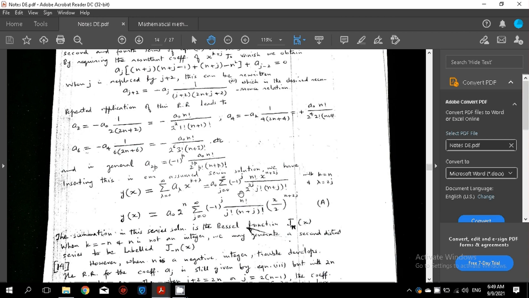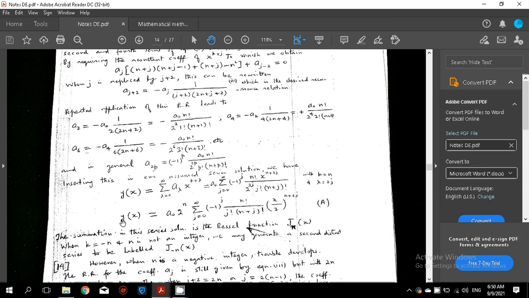You can find your series solution written this way with k equal to n, where we have substituted lambda is equal to 2j. This is the first series solution of the Bessel's differential equation, and we have rearranged this series in this standard form.